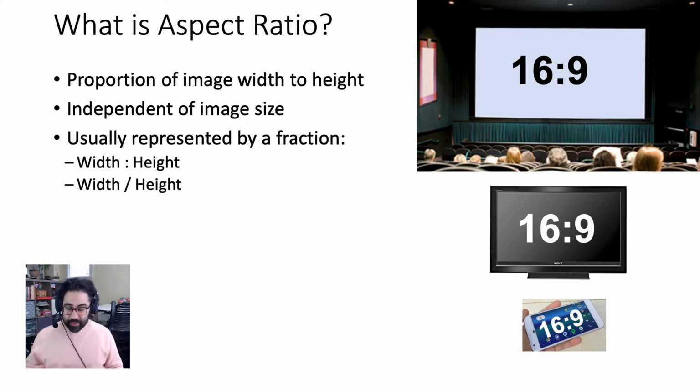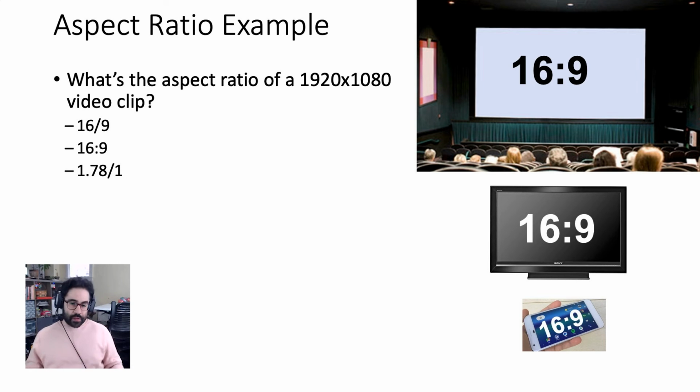Let's take that example a little bit further and talk through how we figure out that aspect ratio. So let's say that we have a video clip that is sized at 1920 pixels by 1080 pixels. Now that is the pixel dimensions. That's not exactly the aspect ratio. So to calculate the aspect ratio, we would take that width and divide it by the height.